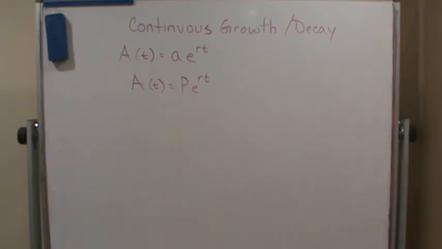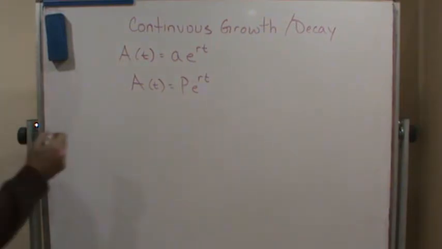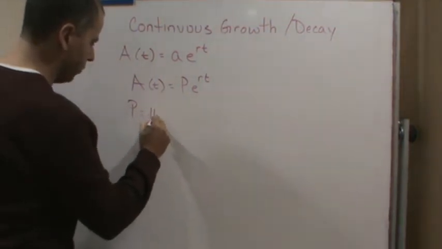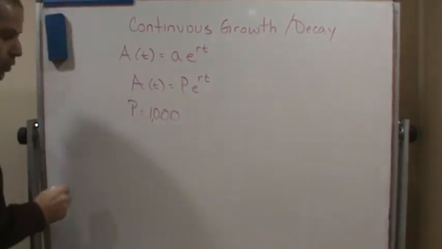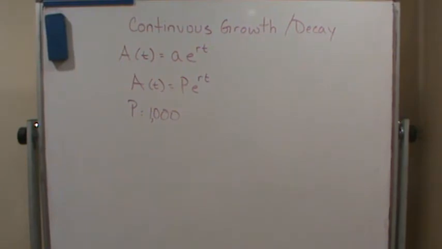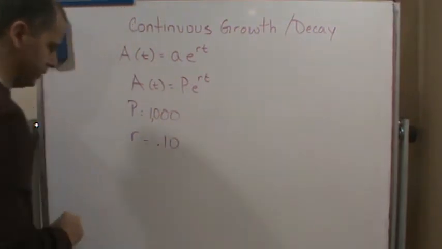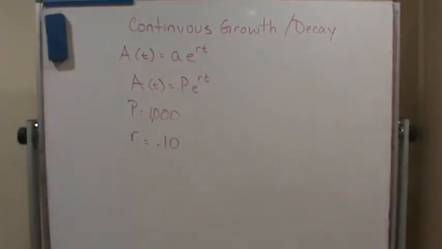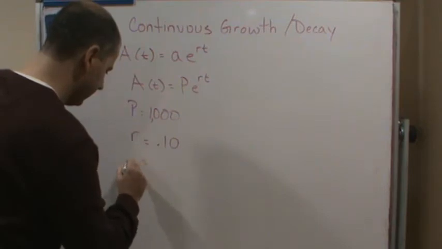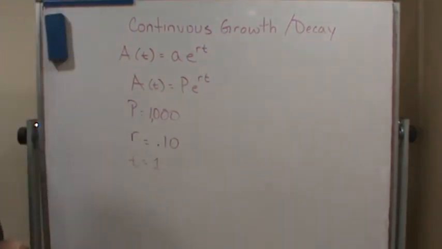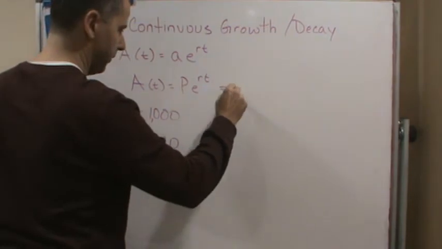So, again, the principal is $1,000. So P equals $1,000. The rate is a 10% rate. Now, here's the thing, it's an annual percentage rate per year. So R is equal to 0.10. And it's compounded continuously. And it says how much is at the end of 1 year. So T equals 1 year. So now all we have to do is plug and chug.